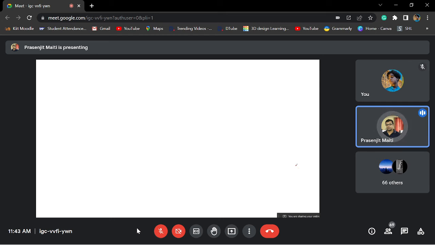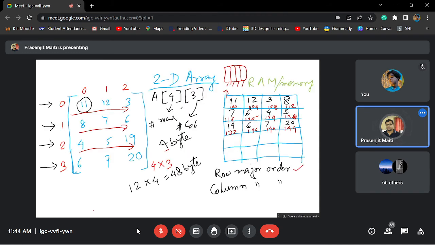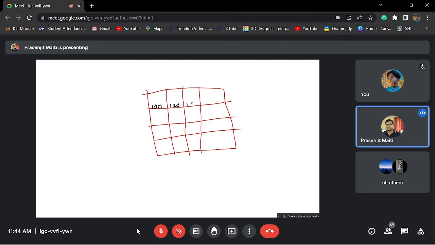Now, if we store data column wise, the starting address is suppose 100, then 104, 108, 112, 116, 120, 124, 128, 132, 136, 140, 144, and so on.